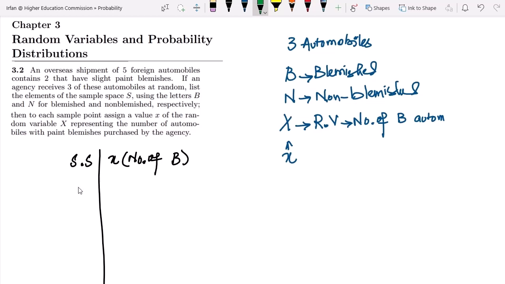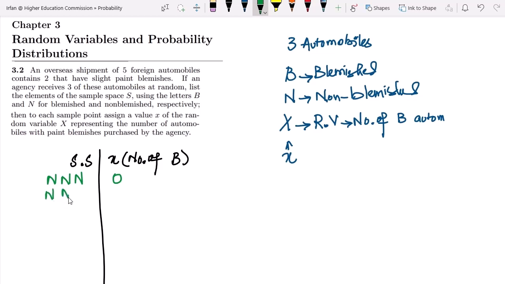So now here the first element would be what? Let me have all 3 non-blemished, so I will have here N N N, okay, as we have 3 automobiles. So if at random we have 3 automobiles which are non-blemished, the value of x would be 0, okay, because no B is available here.